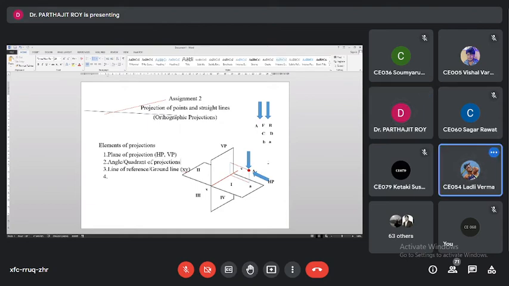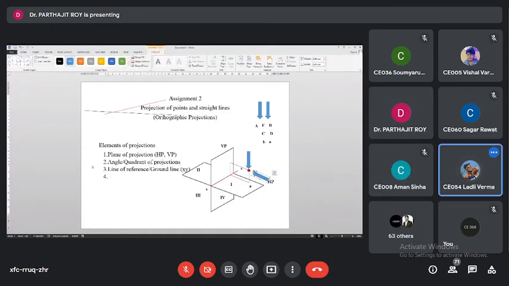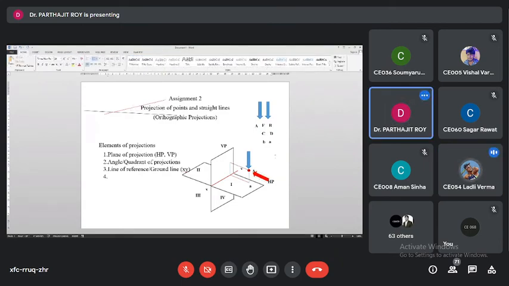Now, my looking direction is the red arrow. So where will the projection of the point be now? Can you tell me? On which plane will it come? Sir, on the vertical plane. Where will it be? It is here.